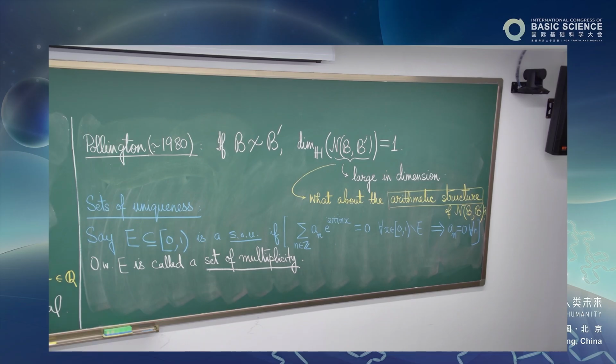So these sets of uniqueness and multiplicity have a very, very long history.